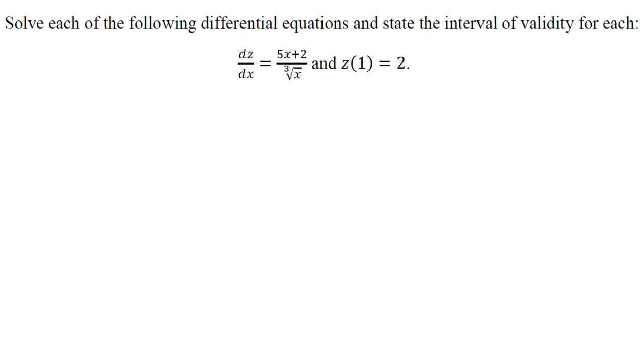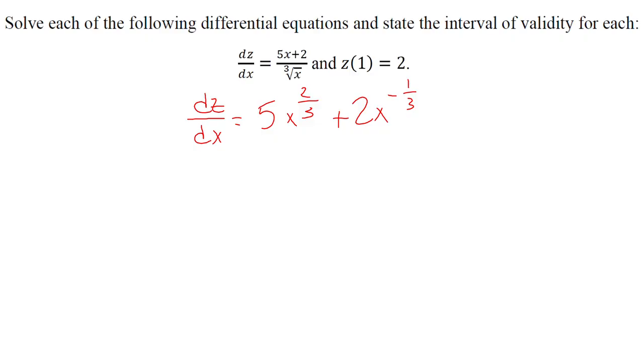All right, for our next one here, in order to integrate this, we're first going to have to rewrite it by dividing both the 5x by the cube root of x and the 2 by the cube root of x. So 5x divided by the cube root of x is just going to be 5x to the 2/3, x to the first divided by x to the 1/3, and then plus 2x to the -1/3.